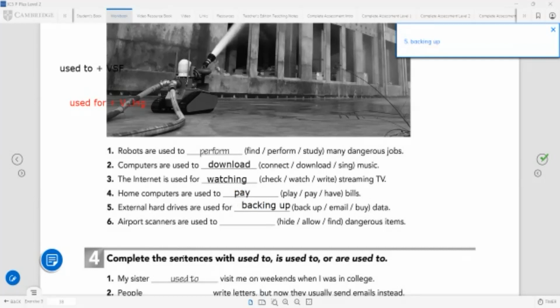And then we have number 6, used to. Airport scanners are used to find dangerous items. That would be the answers. Please compare your answers and make corrections if you need to.